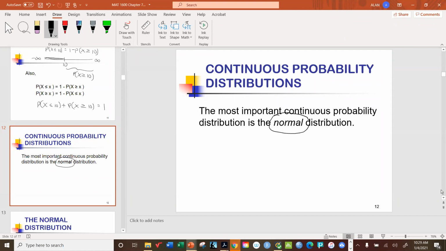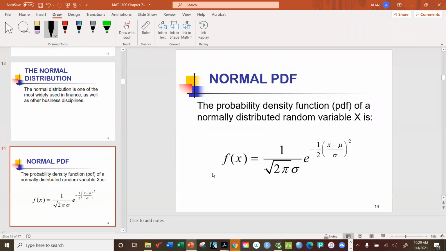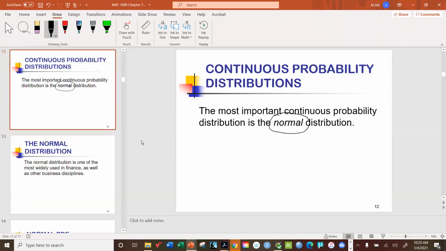So what we're going to just do is understand what this thing is, and we're most importantly going to figure out how to calculate normal probabilities. We also, of course, need to understand its properties. So the first thing you may have seen is the graph of the normal distribution. Remember, we did say that we can no longer illustrate these continuous distributions with bars.